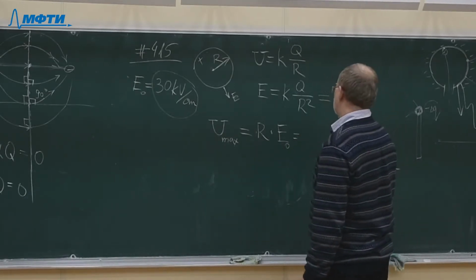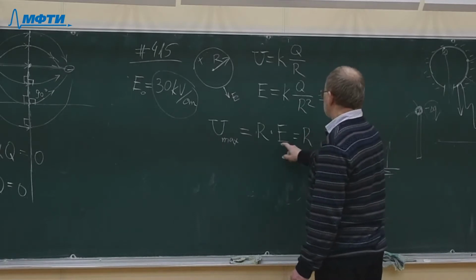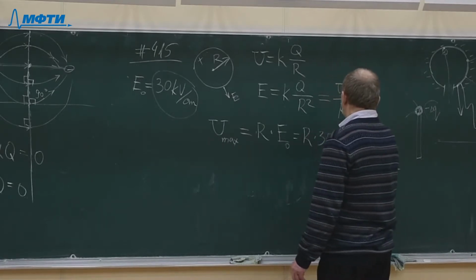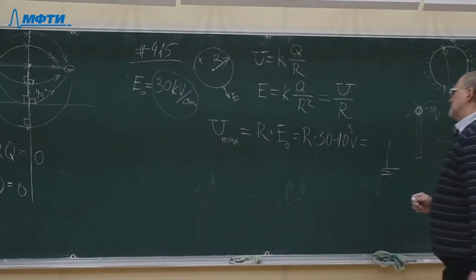So the maximum potential will be given as radius times 30 kilovolts.